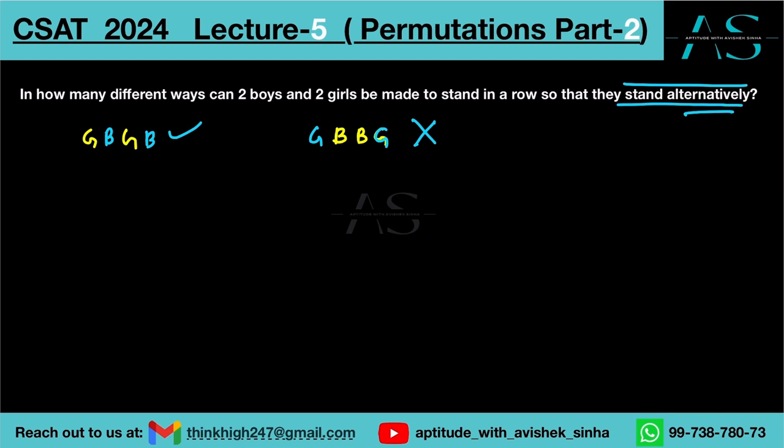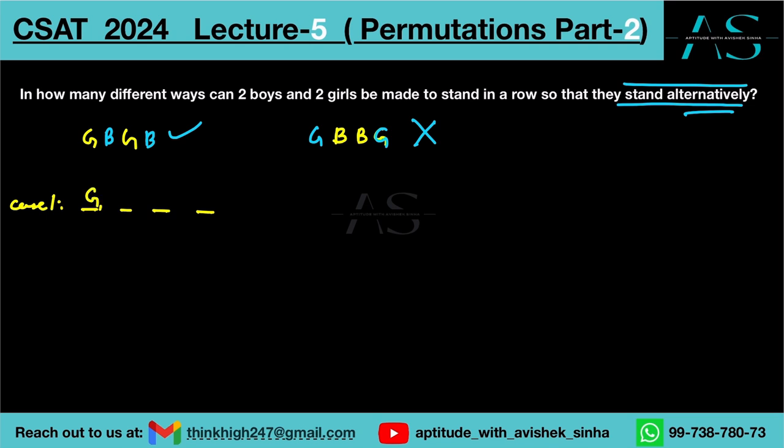All right. Let's see what could be the different cases here. We can start by filling boy first or girl first. So we have got 4 positions here. Case 1 wherein we start by the girls.